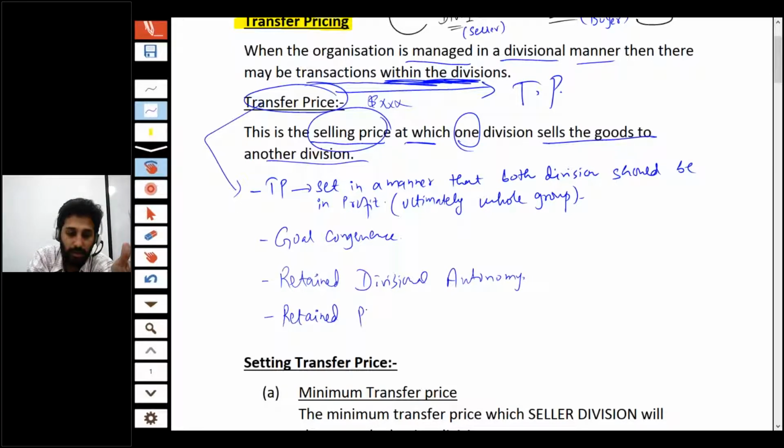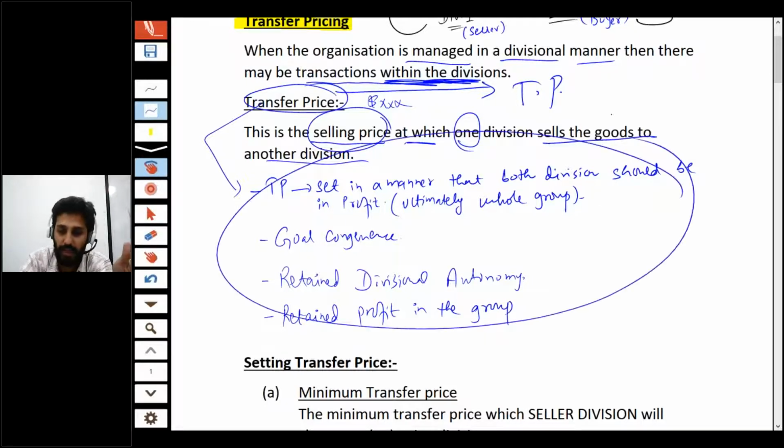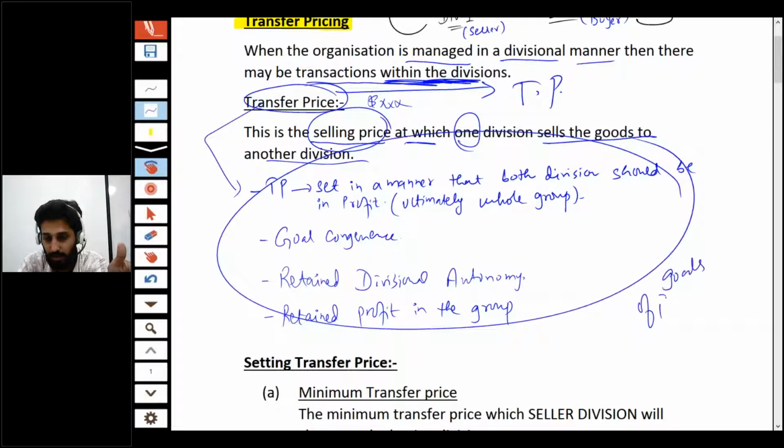Retained profit in the group. So you can say these are the goals of transfer pricing. All right. So if you people want to note, you can.